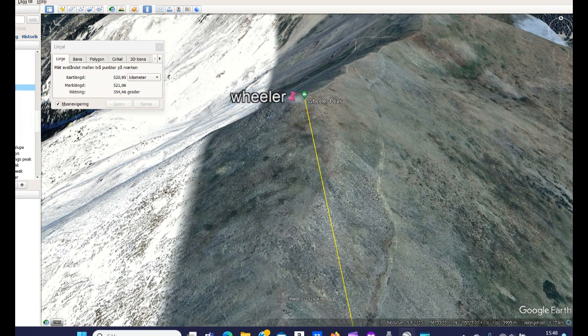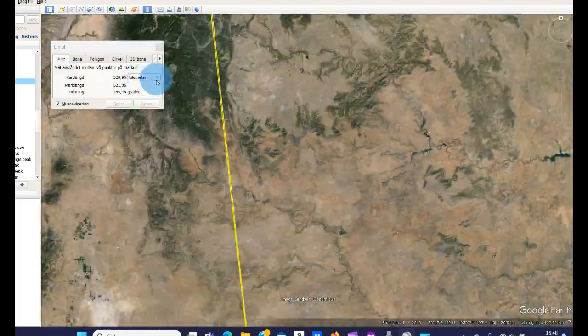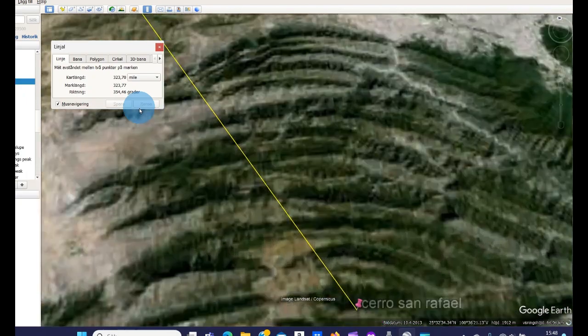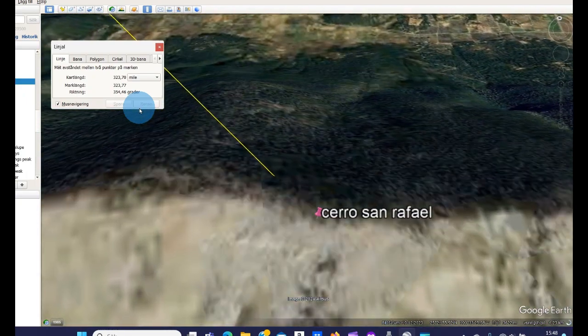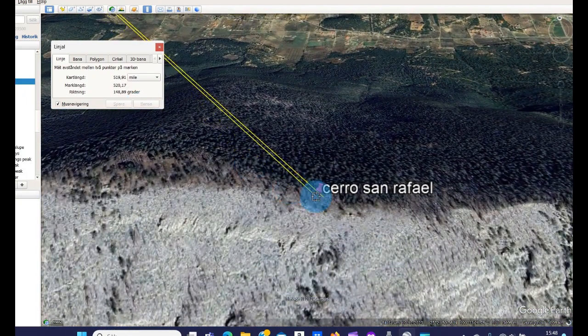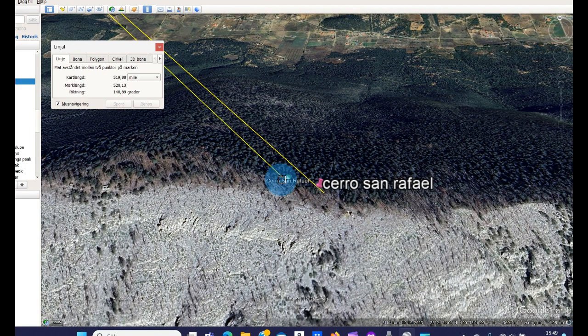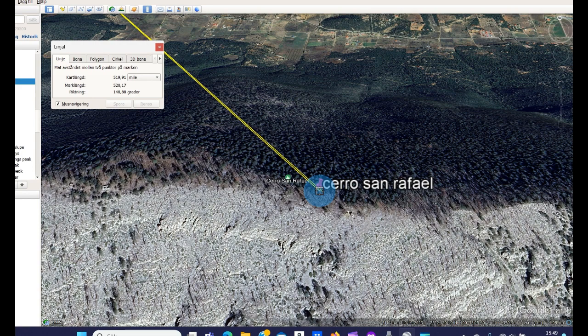So let's now fly down to Cerro San Rafael and measure in miles, where we should find 520.2 thereabouts in miles. And here is the very peak of the highest mountain in northern Mexico. Cerro San Rafael, Google has also marked it right here, and here is the peak. If you look in the middle row here again, 520.2 and a little bit less in miles.